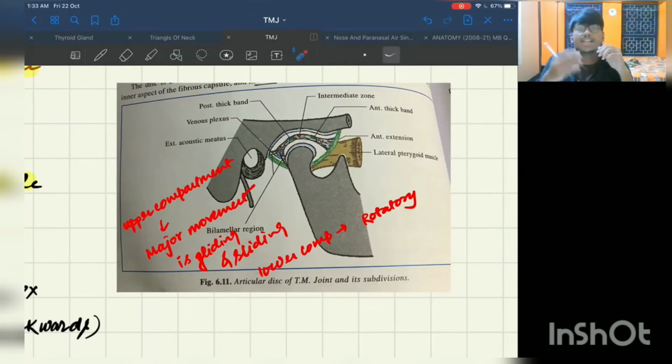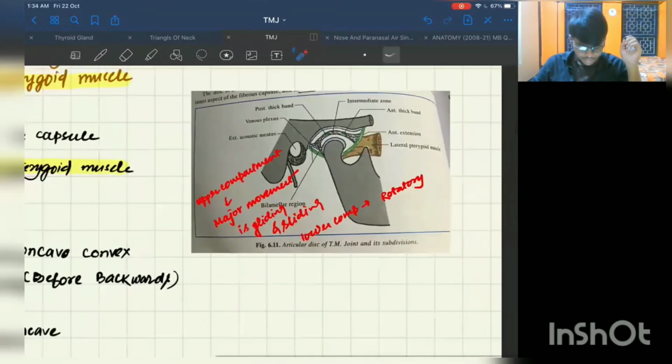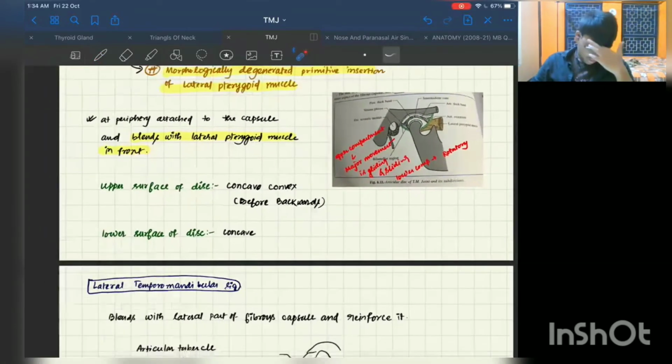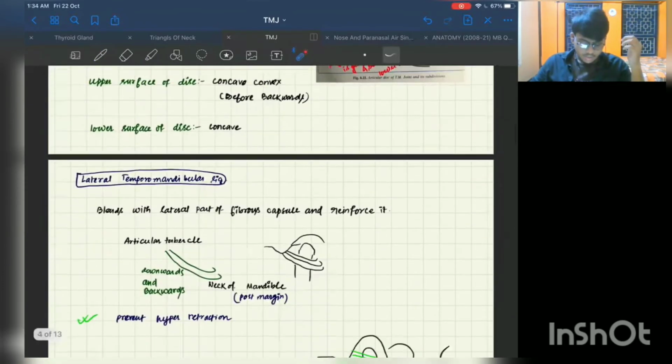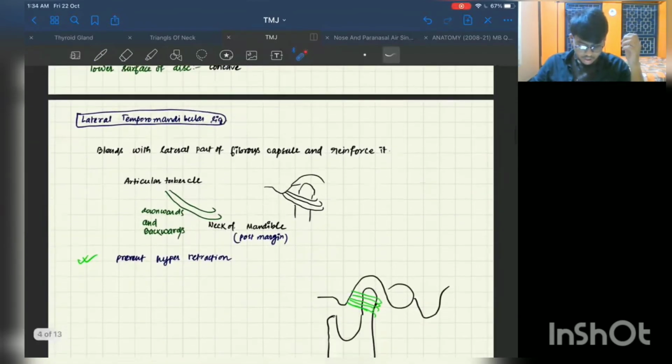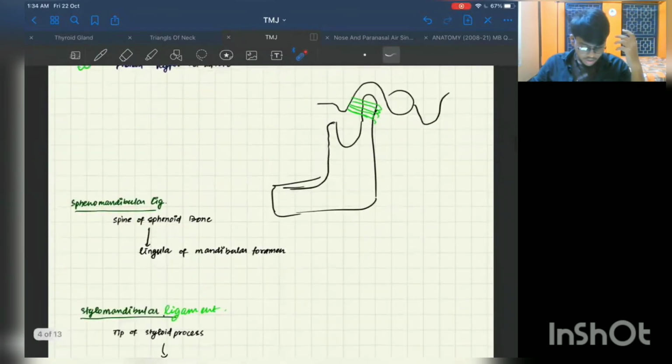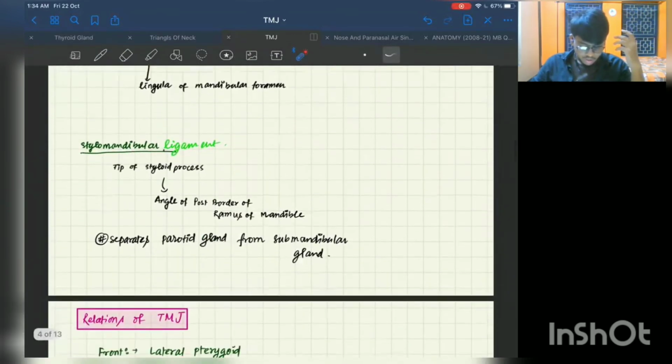And the anterior surface of this capsular ligament receives the attachment of the lateral pterygoid muscle, right? So this was all about the articular disc. And for these ligaments, I have already discussed the uses.